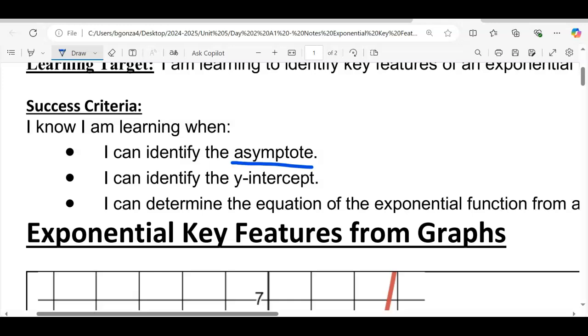So here's the deal. What is an asymptote? It is something you can't touch. It is a line that you cannot cross. It is a boundary that you cannot touch.